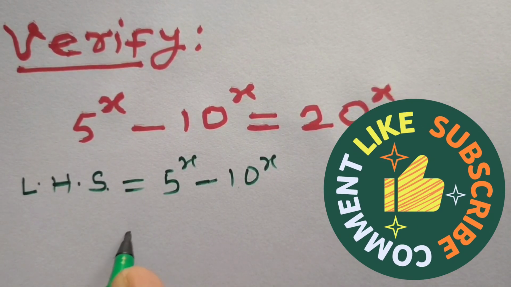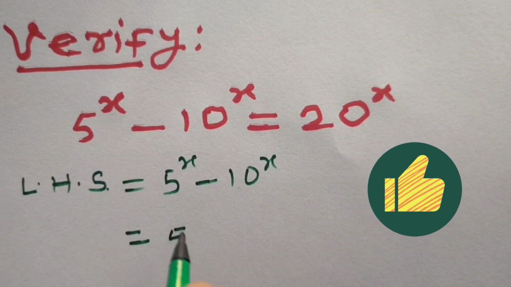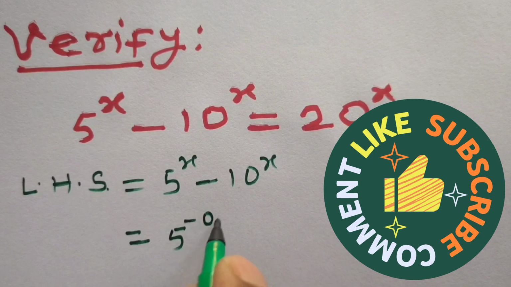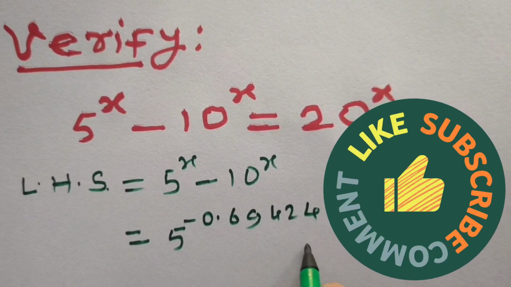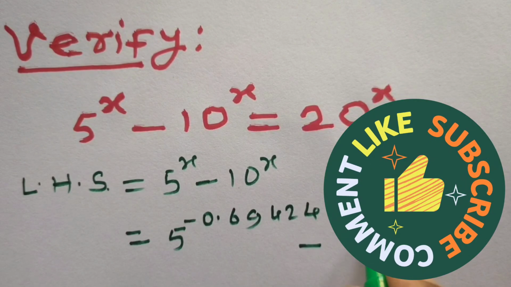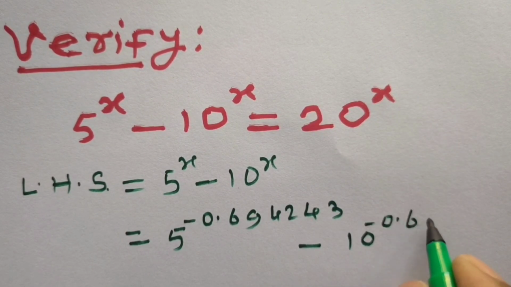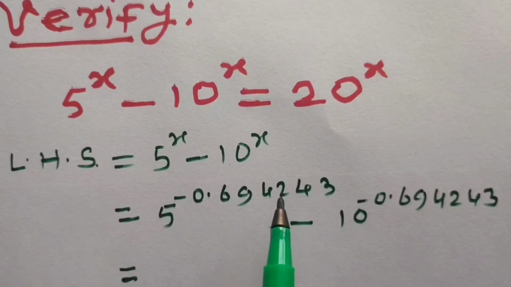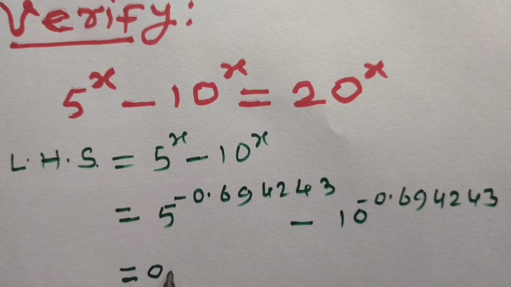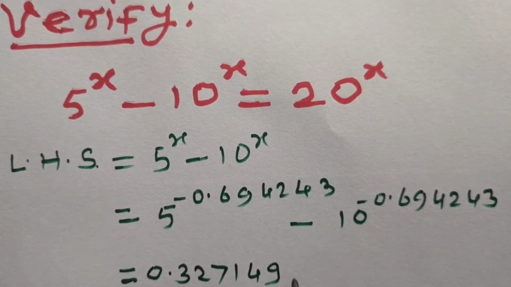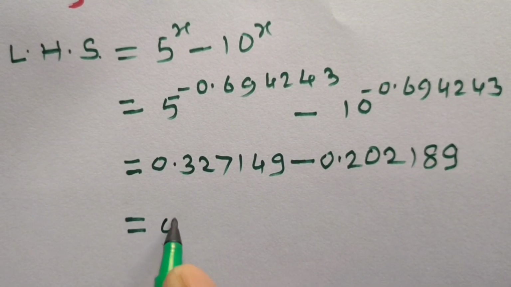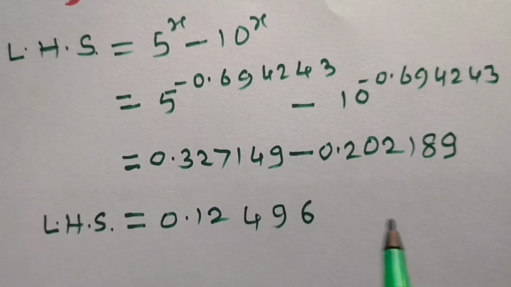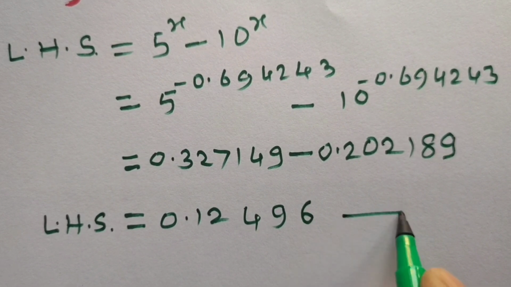So LHS is equal to 5 to the power minus 0.694243 minus 10 to the power minus 0.694243, which equals 0.327149 minus the value of this. LHS becomes 0.12496. Consider this as equation A.